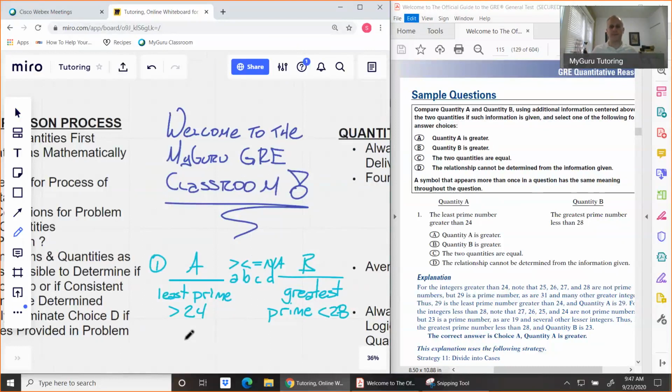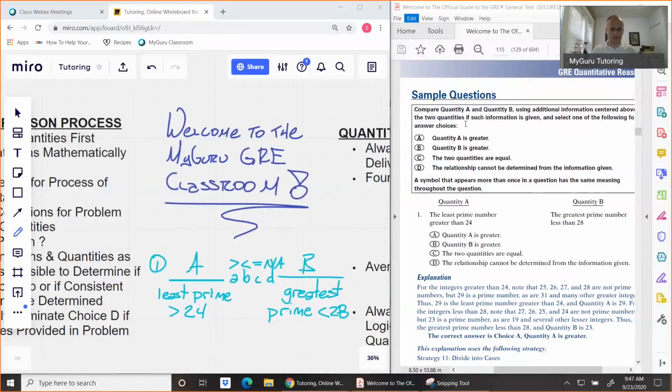So what we want to think about here is, first, are there any unknown values? So going back up to the chat message, are there any unknown values or variables in this problem? So just to the group, are there any unknown values or variables in this problem? So no, obviously, right?